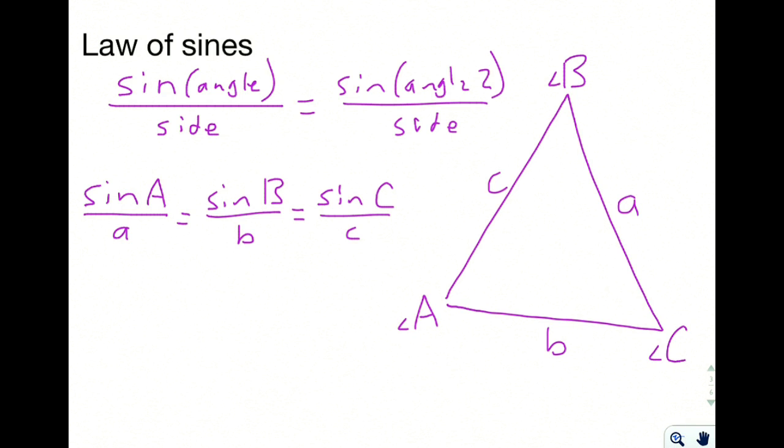Now when you are actually using this in a problem to solve something, you might only need part of it. So let's say you don't need A, you don't know anything about A, but you know B and C. So you could use those, or you could use A and B, or A and C. It doesn't matter which part you use. This is true that all of the ratios of sines of angles to the opposite sides are going to be equal to each other.